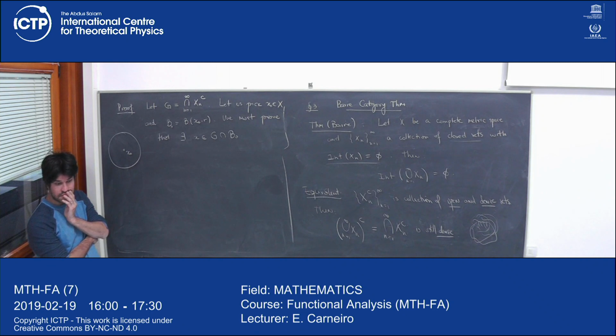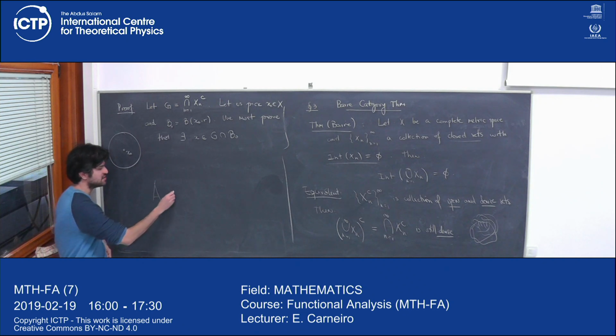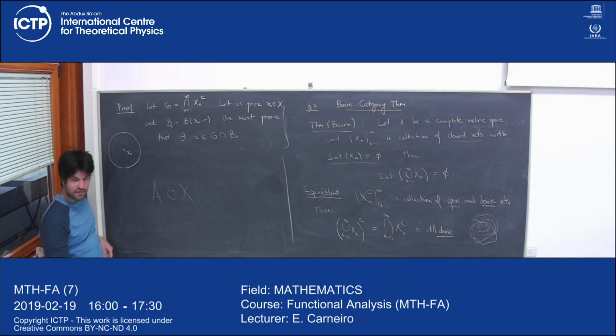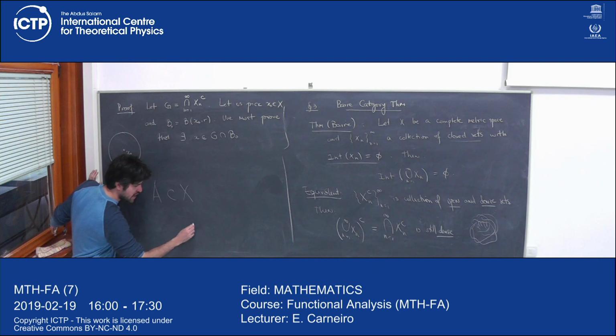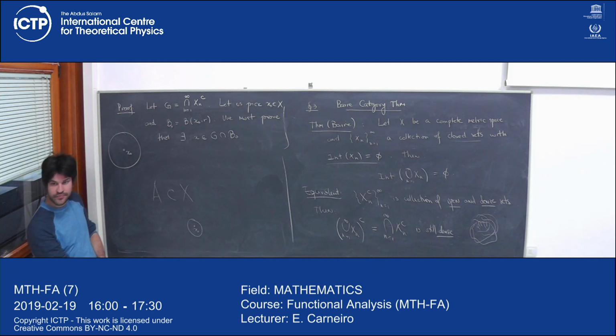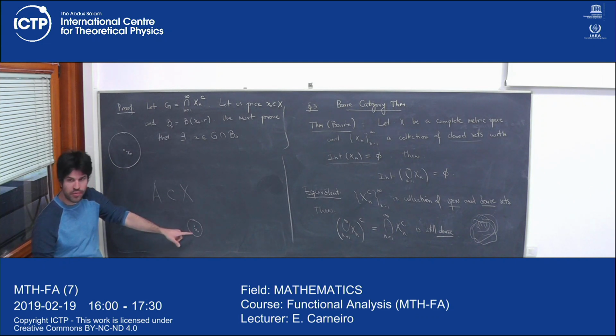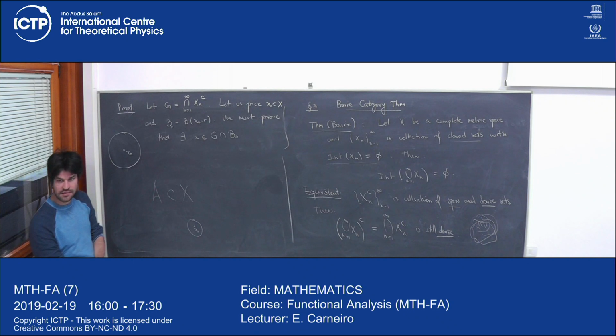Yes, a dense set, so let's say A is dense in X. If I give you any point in X, any x0, and any little ball in X, it has to intersect A. So any neighborhood in X, any little open ball in X has to intersect your set A.